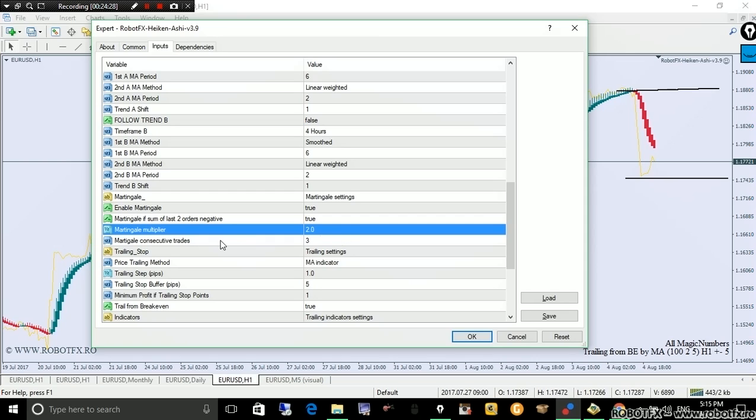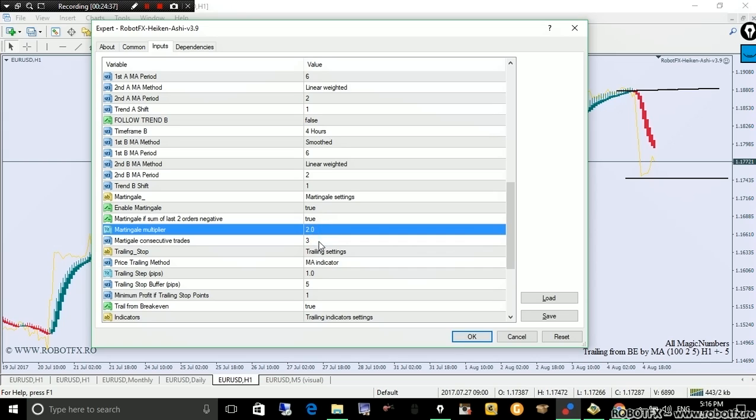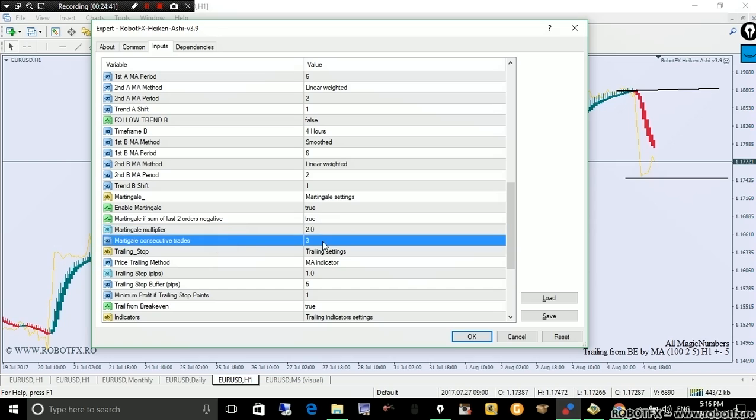And the Martingale consecutive trade set to 3 means that the expert advisor will only be allowed to multiply Martingale for as many numbers as you said right here, consecutive trades. It will increase the lot size of the next 3 trades, considering that all of them are lost.